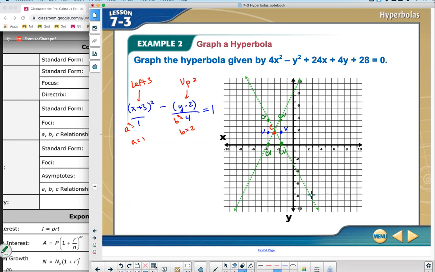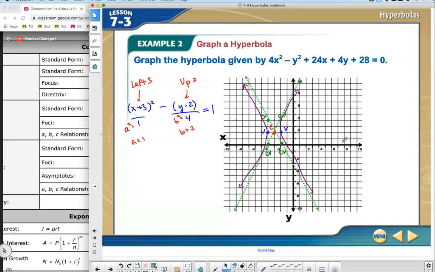So there's my rise over run. Your hyperbola itself would originate from the vertices and follow this way and this way. And over here from the vertex, it'll follow that asymptote, and this side of the hyperbola will follow that into the asymptote. And so there's your equation.